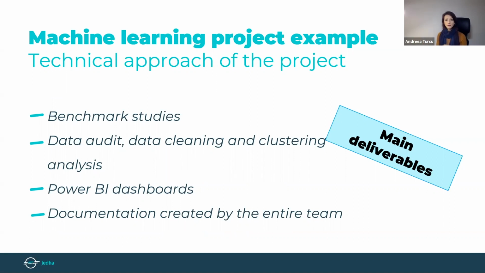The main ones were benchmark studies between different data science and BI platforms such as Dataiku and Sagi, data audit, data cleaning and clustering analysis with Python, R, and Dataiku, Power BI dashboards in real time to facilitate the interpretation of results and decision making by economic players, documentation that is imperative for each project in part, which was created by the entire team who worked on the proof of concept.